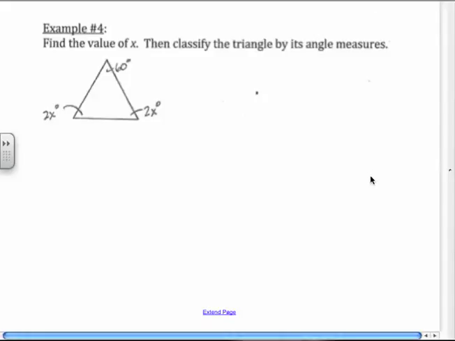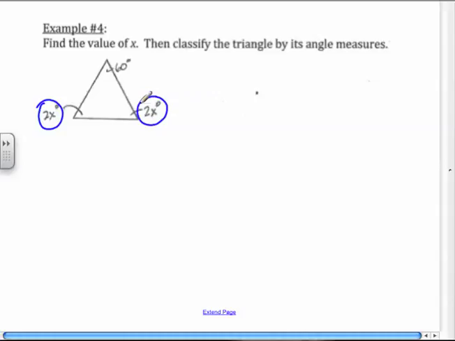Okay, guys, example number 4, the last one. It says find the value of x, then classify the triangle by its angle measures. Now I've got to tell you, just looking at this, it almost tells us some things right now.